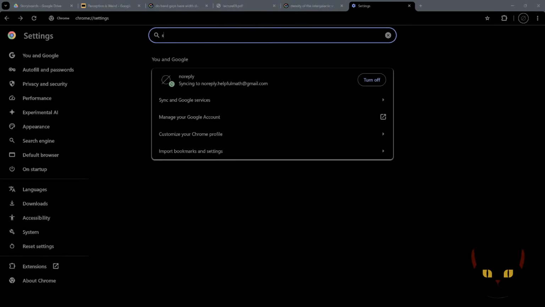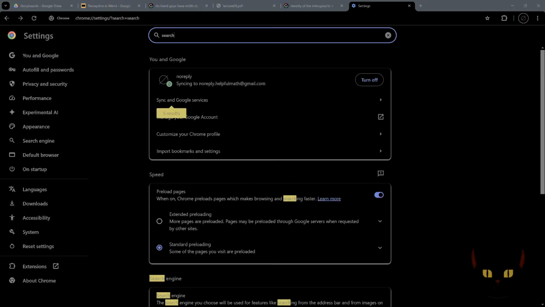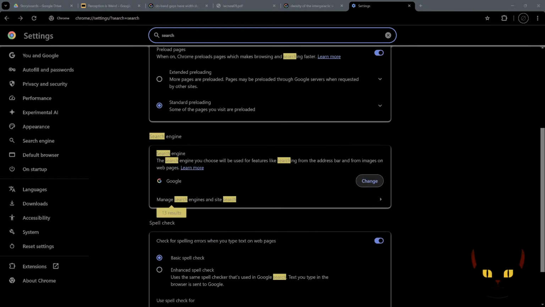Settings. Search settings. Search engine.